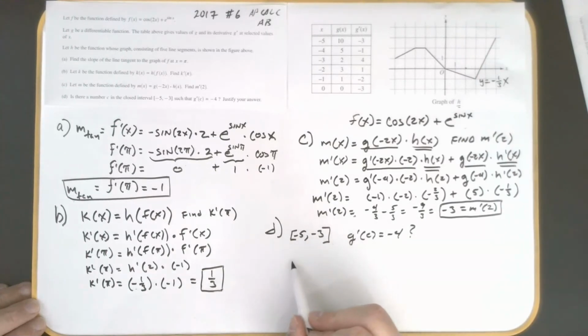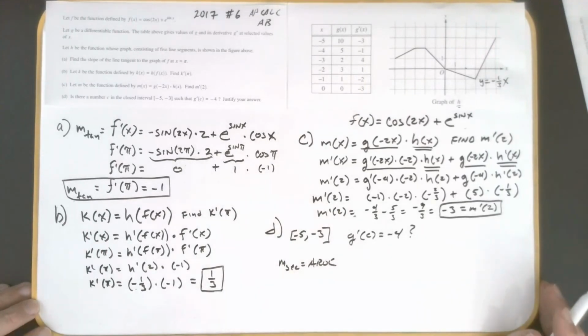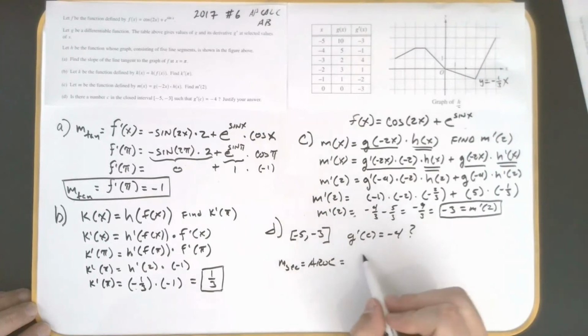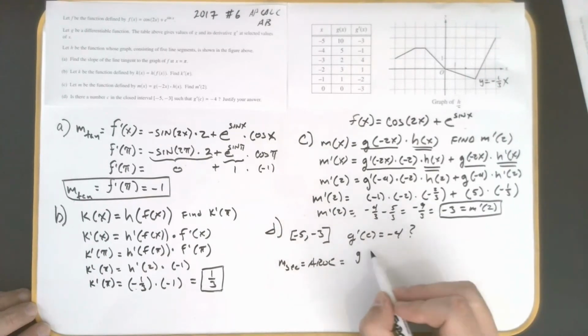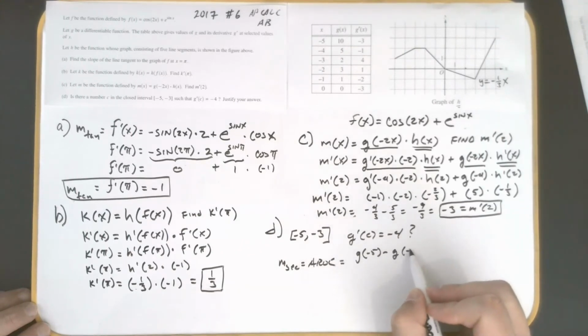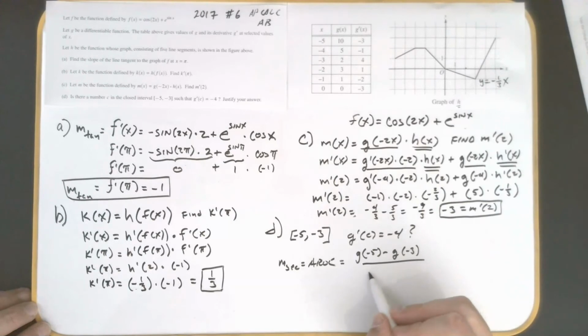The slope of the secant, which is equal to my average rate of change, and this is not necessary to write, I'm just putting it in there for well-rounded understanding. But what is necessary to write is the g function here. So I'm going to say g of 3 minus g of -5 all over 3 minus -5.